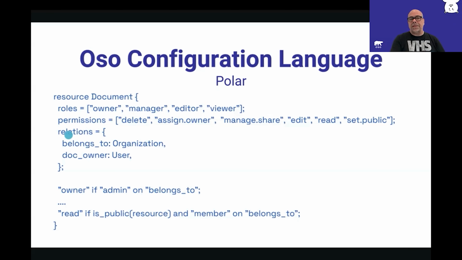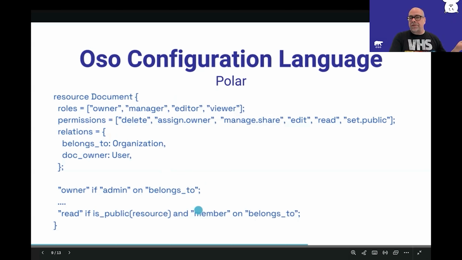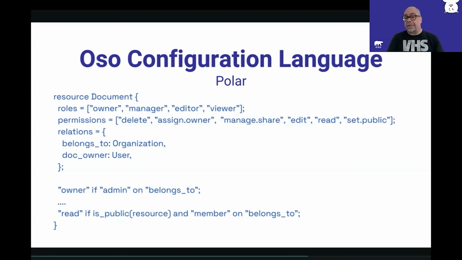Here you can see we have some of our relationship-based access control. So if an owner becomes an admin, if they belong to the organization, and then here we also have our attributes as well. If the resource is public, the user has read, as well as they're a member of the organization.